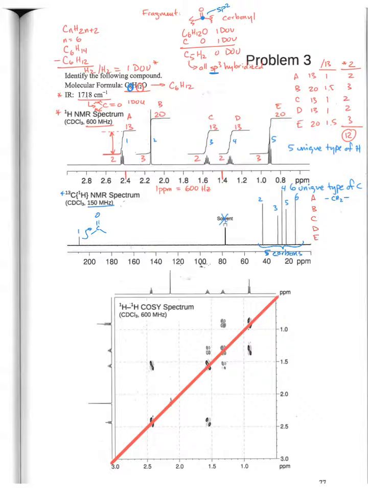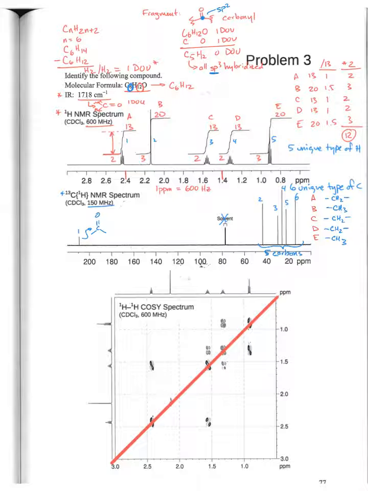B is worth 3, that's a CH3 group. C is 2, that's CH2. D was 2, CH2. And E was 3, so that's CH3. So we've accounted now for all of the carbons, the 6 unique carbons, all of the hydrogens, and the oxygen as part of a carbonyl.